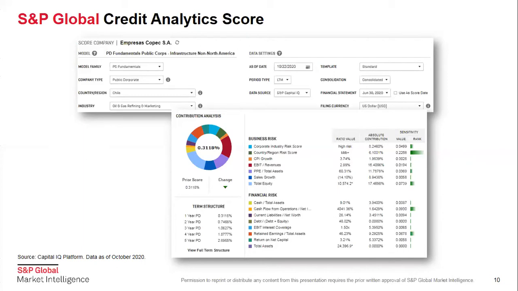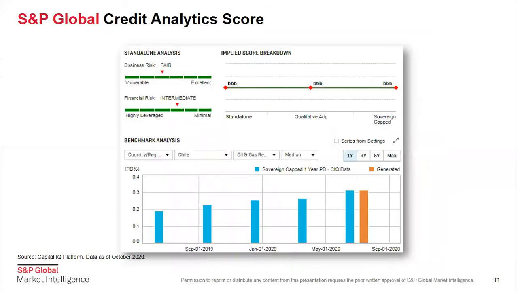We disaggregate the business risk from the financial risk, and we'll tell you the sensitivity of each one of the characteristics so that you can do what-if analysis to determine what if we change the capital structure of our entity, or what if we infuse cash into an equity position? How would that help our credit rating?